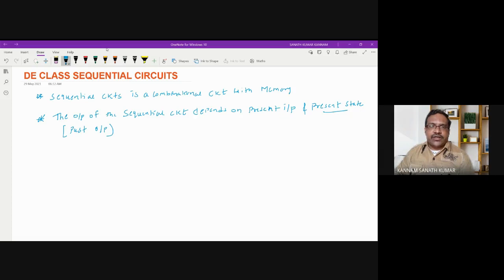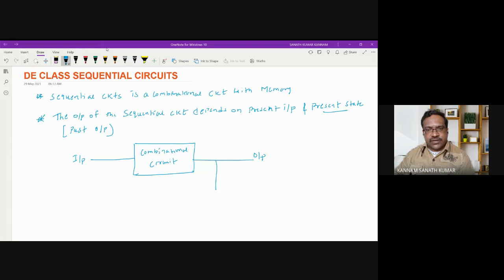Okay, so if you see the block diagram for the sequential circuit, you have the combinational circuit, and for the combinational circuit you have input and output. There will be feedback for this one.